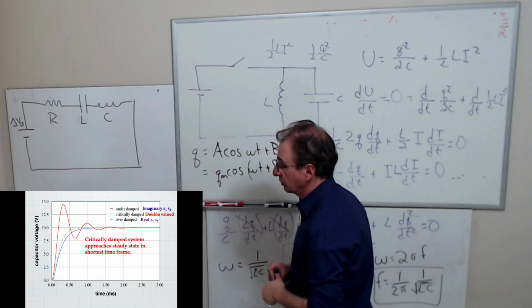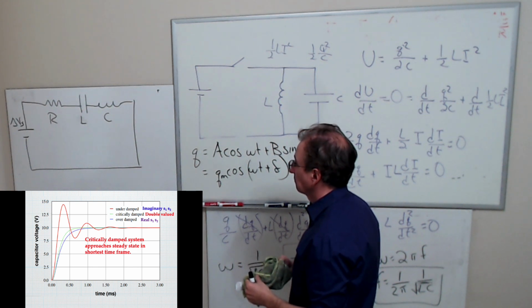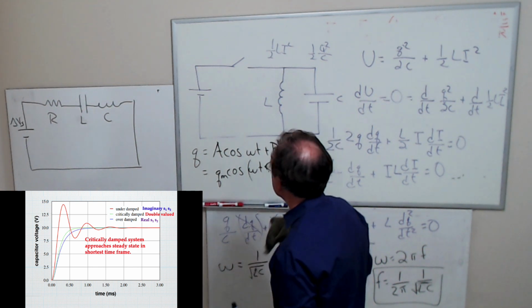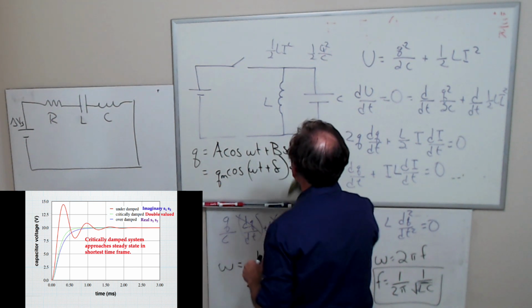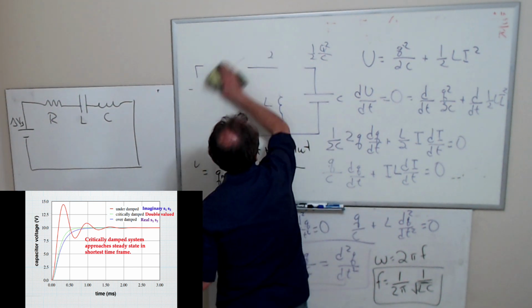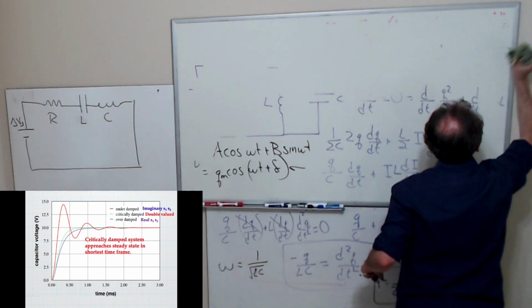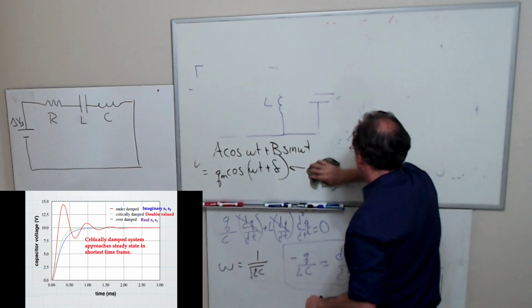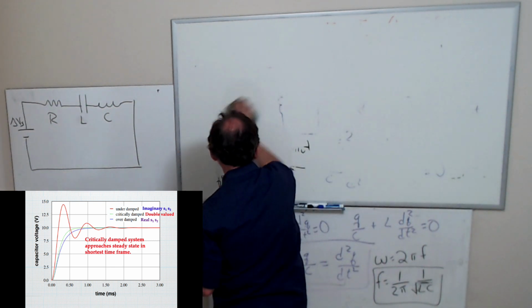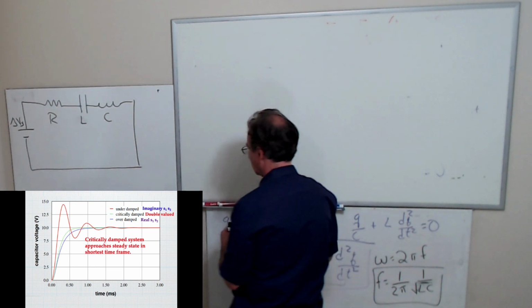And I want to look at the current in my circuit as a function of time. The graph I have there shows you the charge as a function of time. But I want to look at the current as a function of time. What's the current going to do in my circuit?